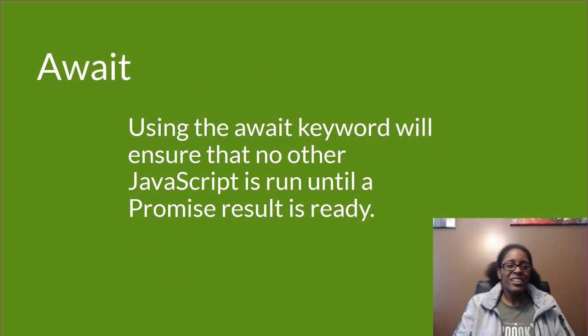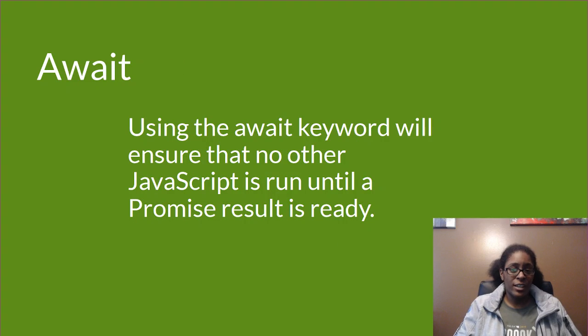Let's talk about the await keyword. This can only be used with asynchronous functions. You can't use the await keyword outside of an asynchronous function. I just want you to understand it and be clear about it.